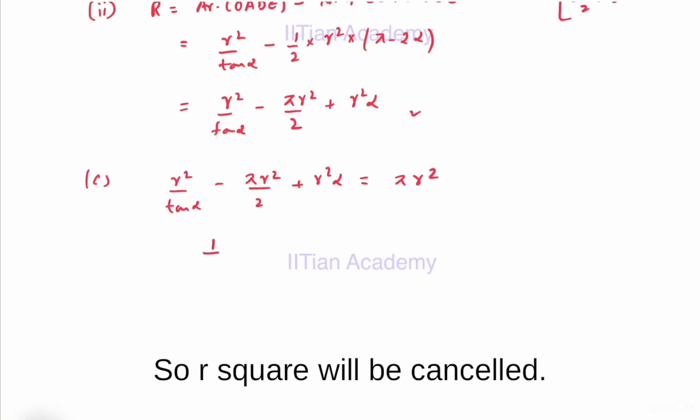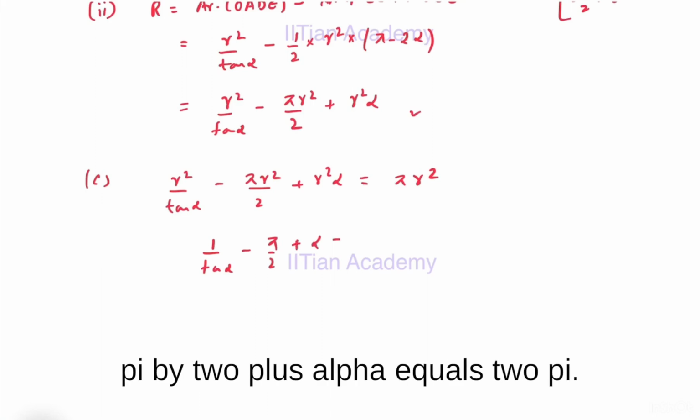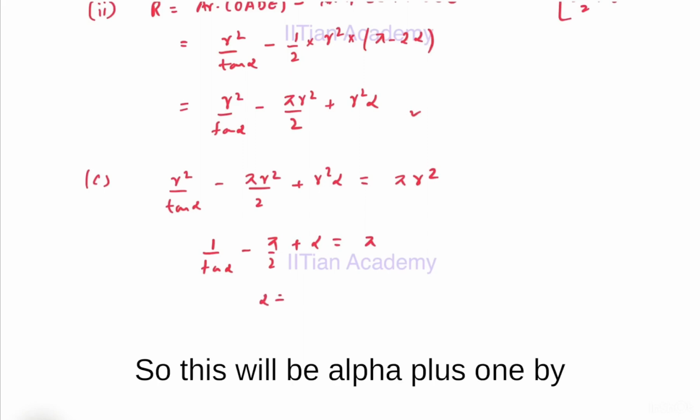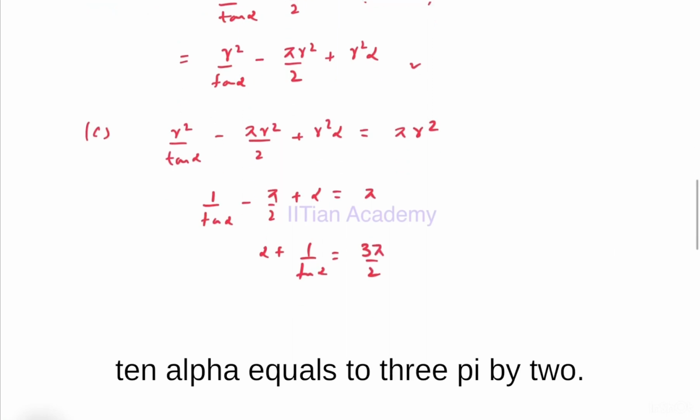So the R square will be cancelled. This will be 1 by tan alpha minus pi by 2 plus alpha equals pi. So this will be alpha plus 1 by tan alpha equals 3 pi by 2.